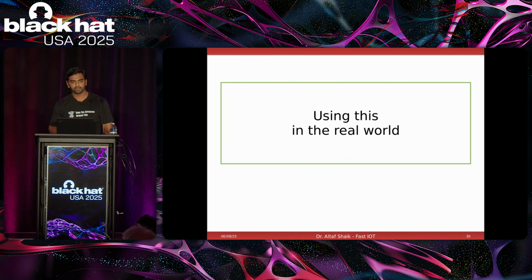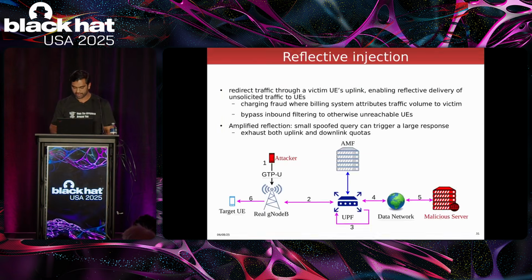Putting all this together, we are capable of doing a few attacks. We tried them on the infrastructure that we have. So the first one is reflective injection. So you follow the packet, like the sequence of the attack.